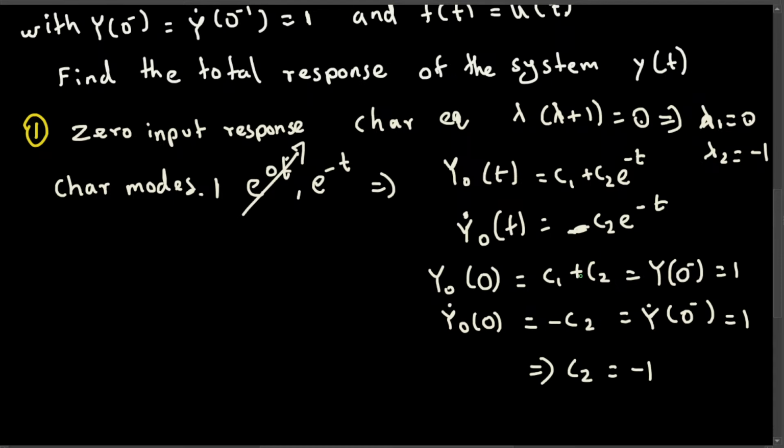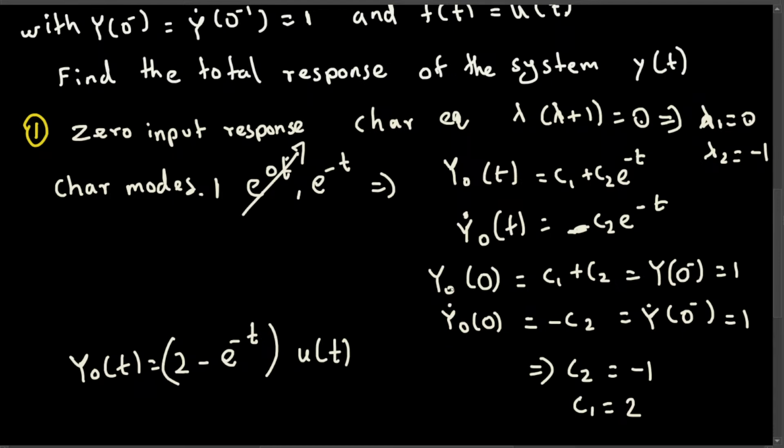Applying that in the equation, c1 is 2, because 2 minus 1 gives us 1. So c2 is -1 and c1 is 2. From that we can write y0(t) is equal to (2 - e^(-t)) u(t).